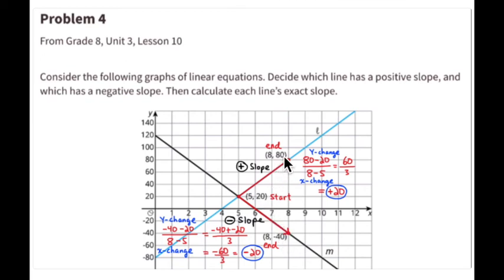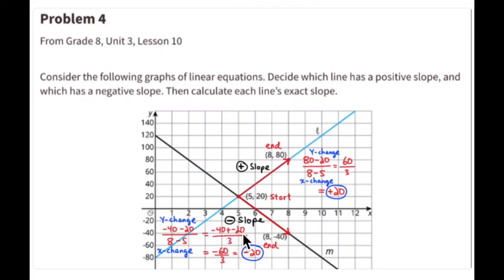But up here it was 80 minus a positive 20, that's a positive 60 units. So this slope is going to end up being a negative 20, because I'm going to divide that negative 60 units. So negative 40 minus this positive 20, so I'm taking away this little bit right here. So what am I left with? I'm left with negative 60.